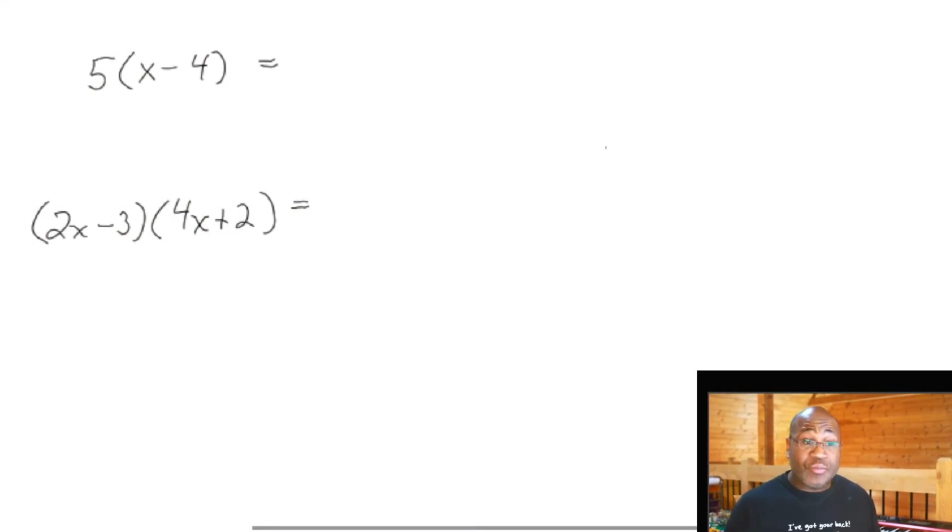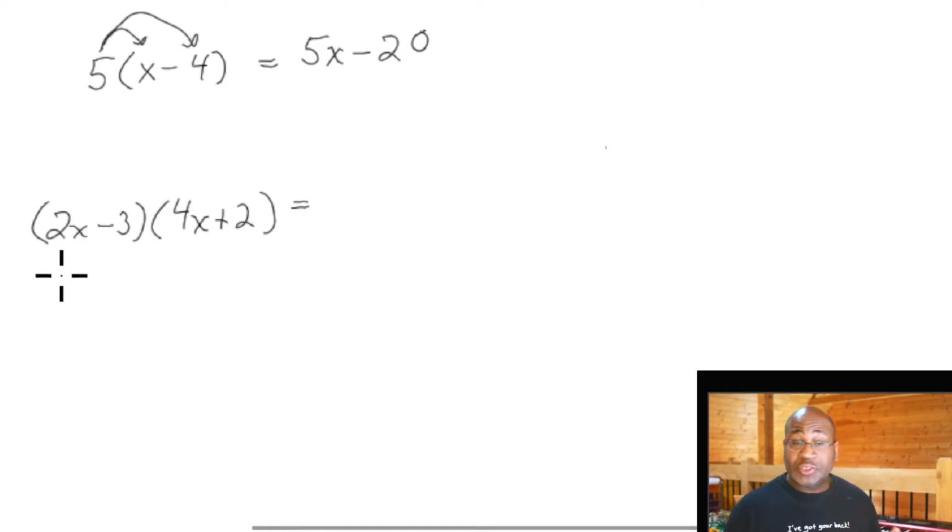You may recall multiplying expressions using the distributive property, which began with taking an expression like 5 times x minus 4. The rule was to distribute or multiply the 5 by each of the terms in the parentheses. So we take 5 times x to get 5x, and then 5 times 4 to get 20.